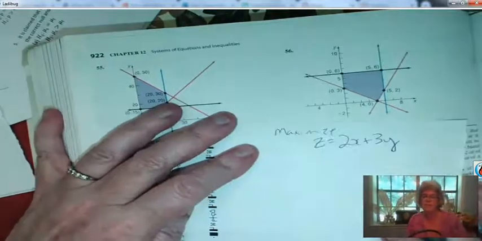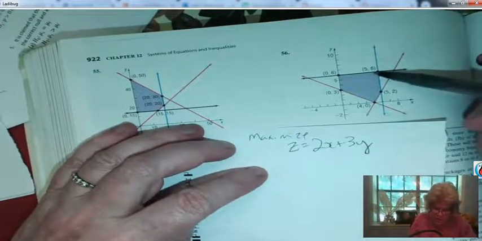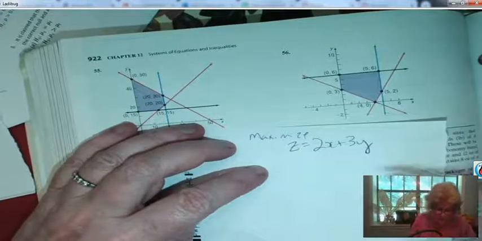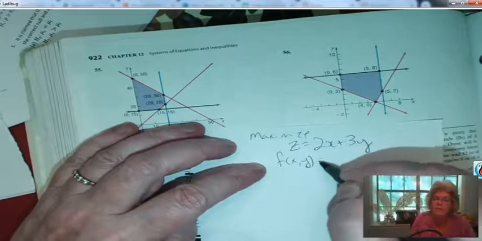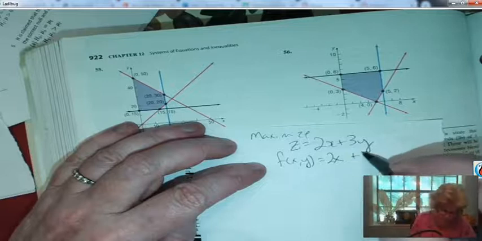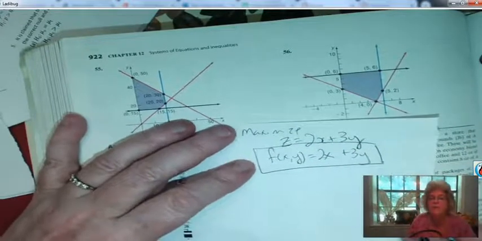Okay. And again, it's the same thing. I need to get what the vertices are. So I'll start here. So I like to rewrite it in this form.